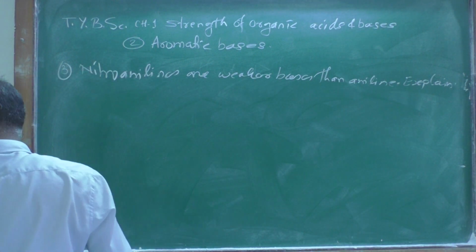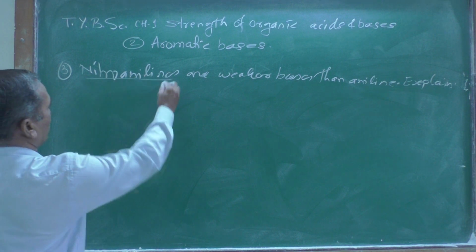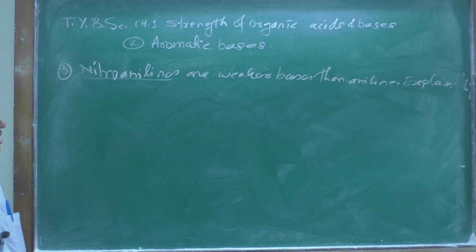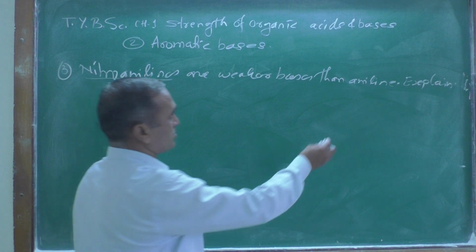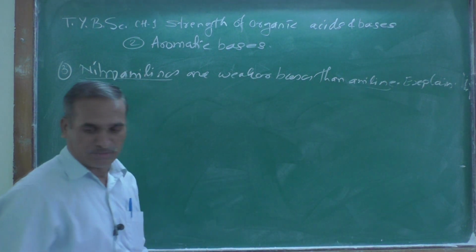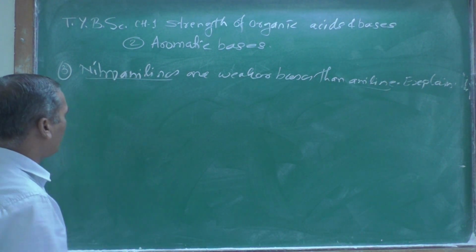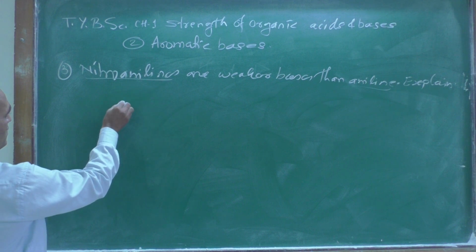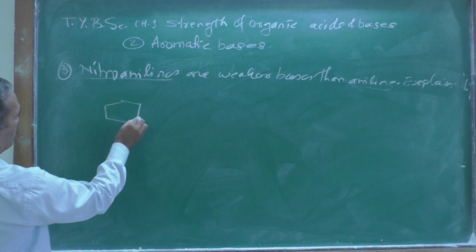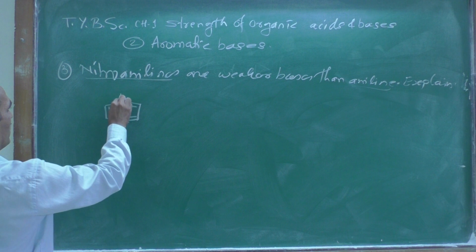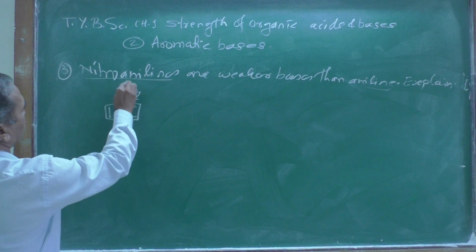Yes. First, what is nitroaniline? Everybody knows the structure of aniline, just now we know the structure of aniline. First let us draw the structure of aniline here. This is the structure of aniline, NH2, right?